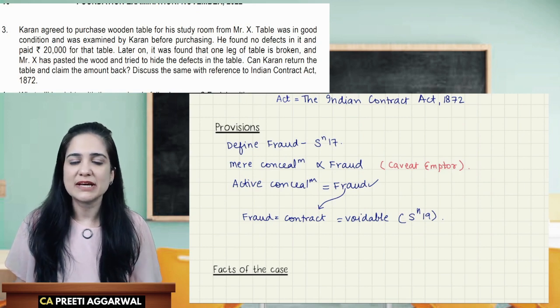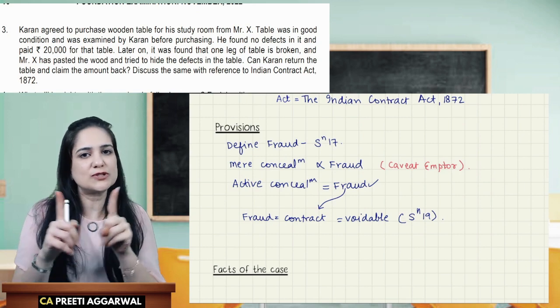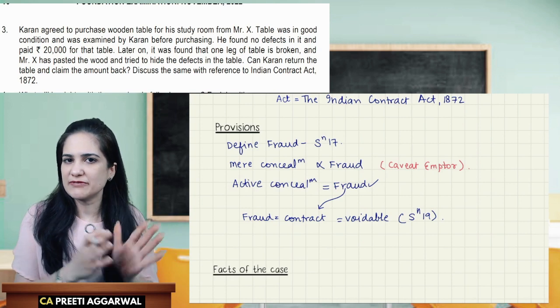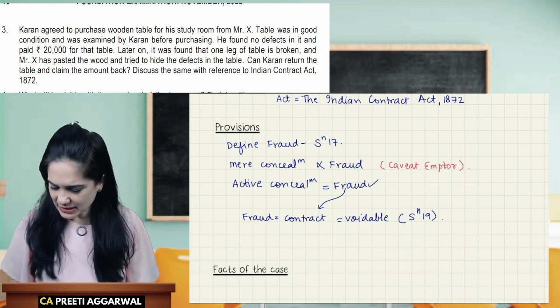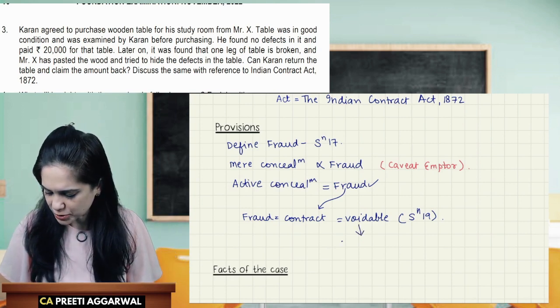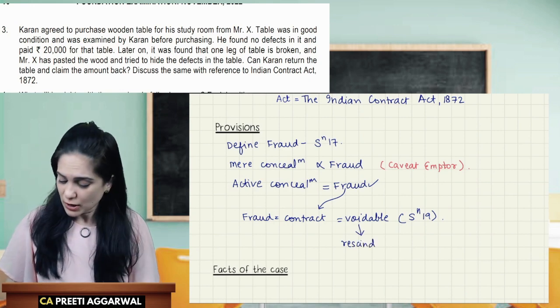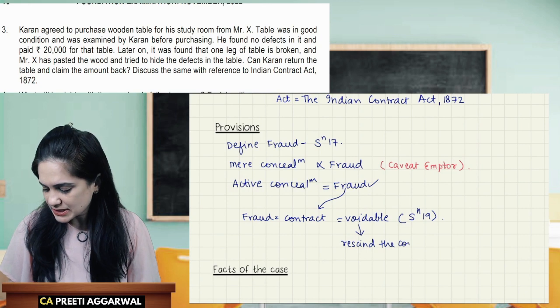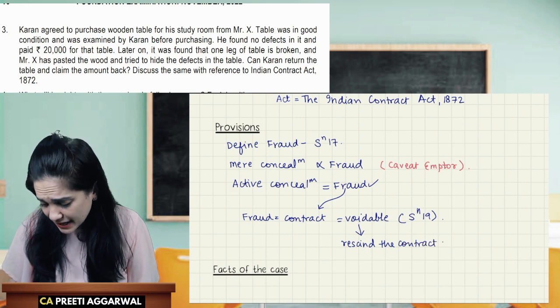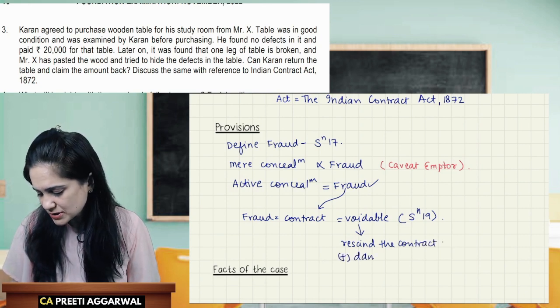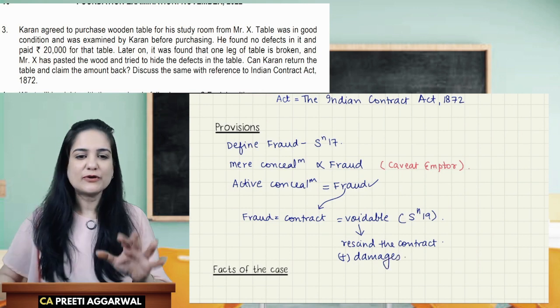What will happen in this case? Because of the voidable contract, the aggrieved party has two options: either to keep the contract as valid or to rescind the contract. Don't use the word cancel, that is a very simple word. You use the word rescind the contract, and you can also claim damages. So what will you write in the first paragraph?